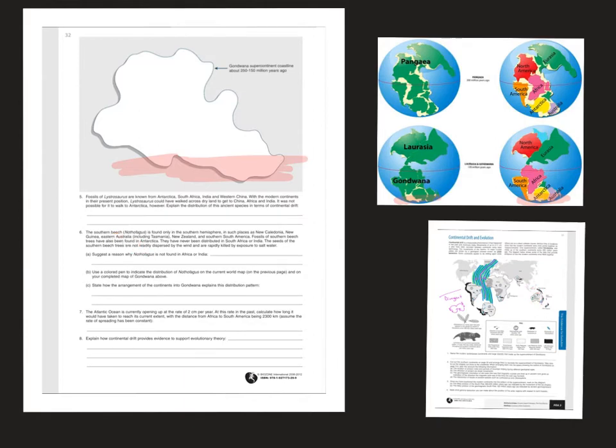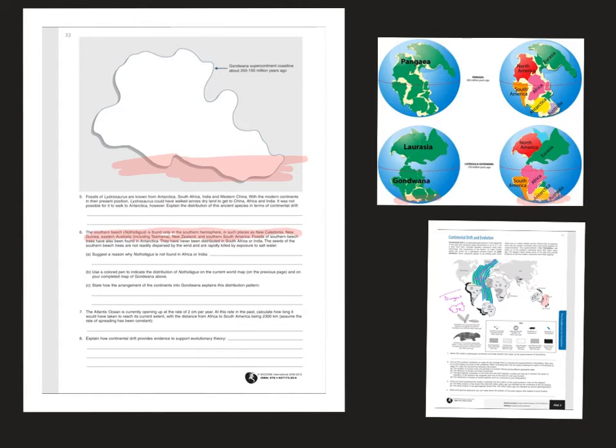Gee, isn't that very similar to what they're telling you here, right? New Caledonia, New Guinea, Eastern Australia. Eastern Australia would be here. Including Tasmania, New Zealand, South America, southern South America. Now remember, when these were all together, they were all down here, this area here.